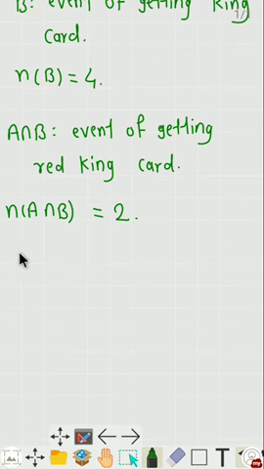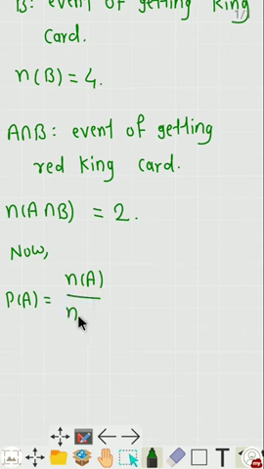Now let us find the probability of event A. Probability of event A is n of A divided by n of S, which is 26 upon 52, and it is equal to 1/2.